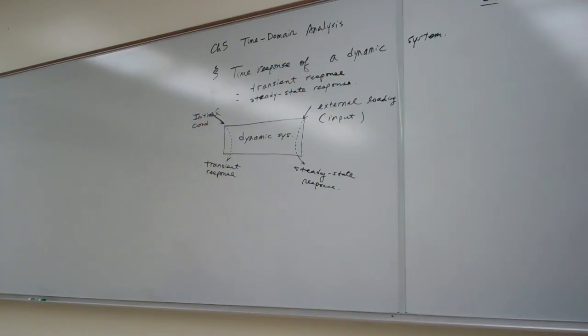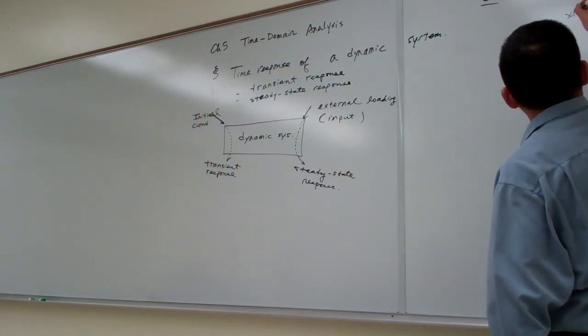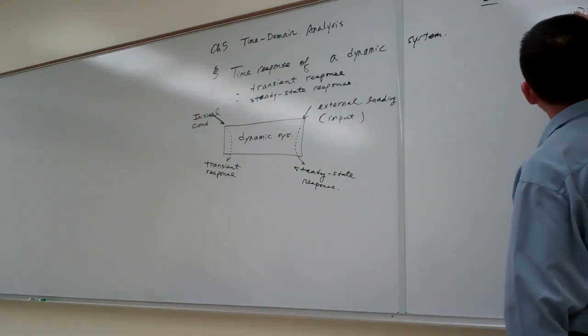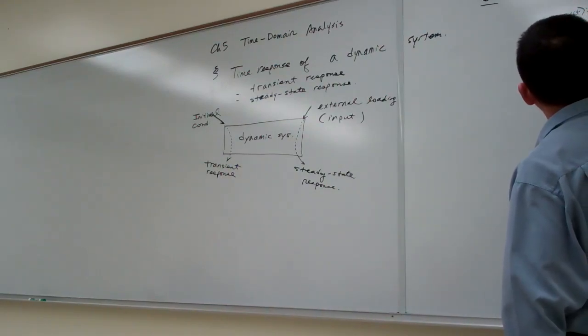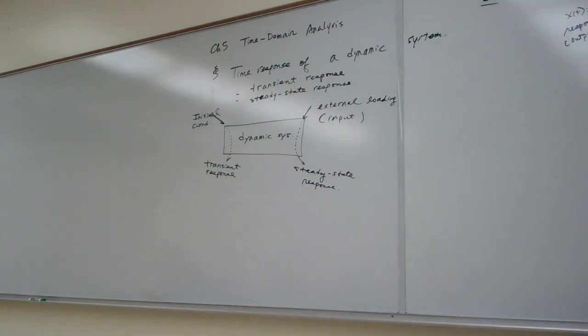Those are the initial conditions, and this is our loading, or what we call the input, and x(t) is the response, which we call the output in control terminology. Now we want to solve for the response of the system, basically x(t).